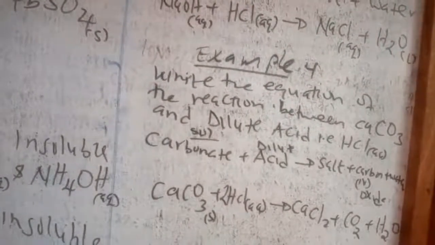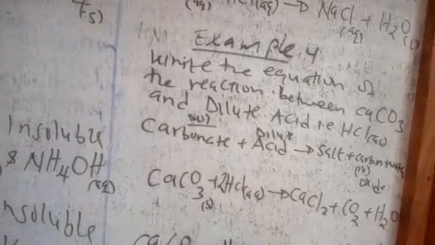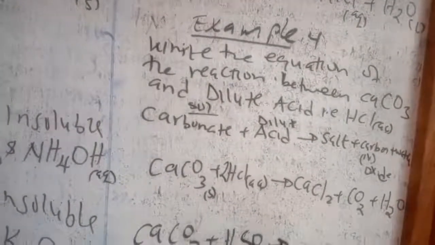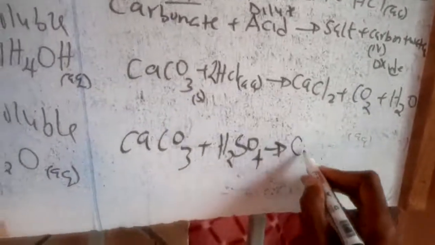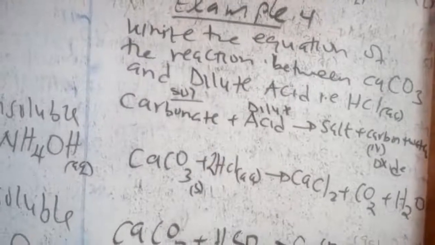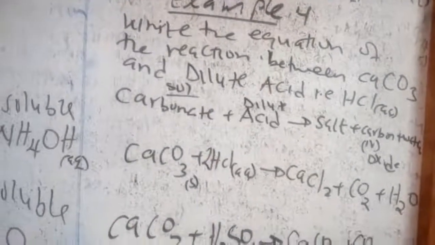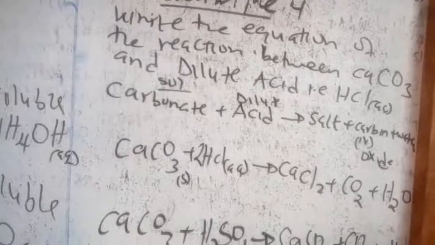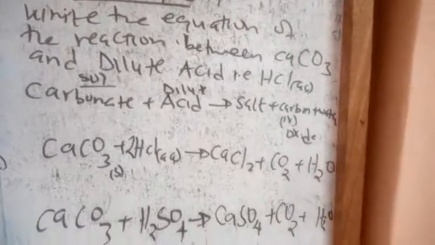I react it with dilute sulfuric acid, and therefore I'm going to get a different salt, and in this case I'm going to get calcium sulfate. But remember, as far as this equation is concerned, you can see that calcium sulfate is a soluble salt, and therefore since it is a soluble salt, you can just write it, that is calcium sulfate, and in the process you will get carbon dioxide, and also you get water. That is how you are supposed to come up with it.